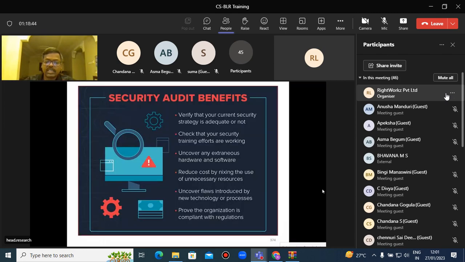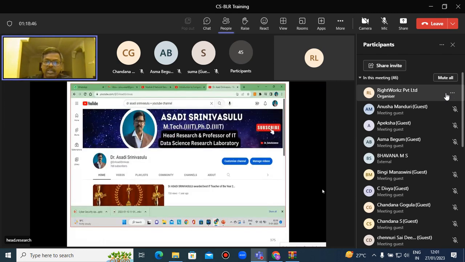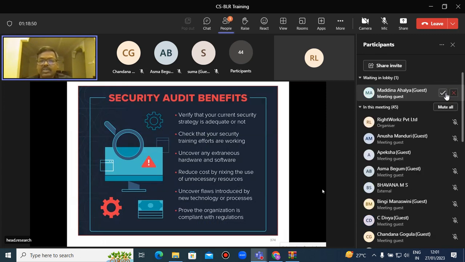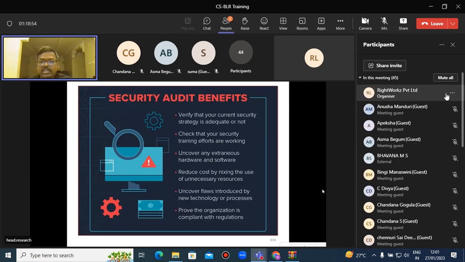Then, security audit benefits: verify that your current security strategy is adequate or not. Check that your security training efforts are working. Uncover any extraneous hardware and software. Reduce cost by minimizing the use of unnecessary resources.